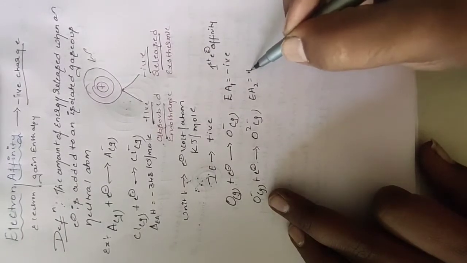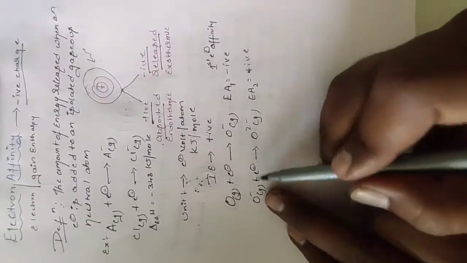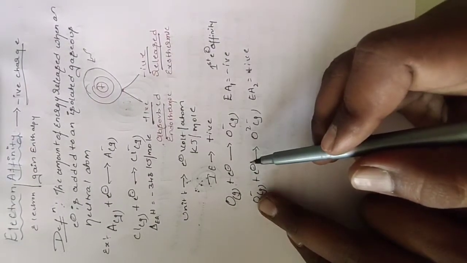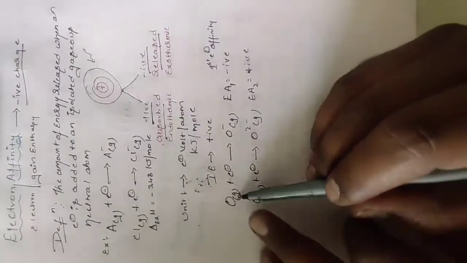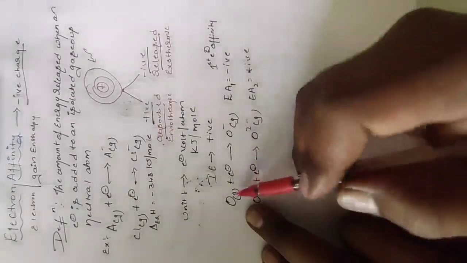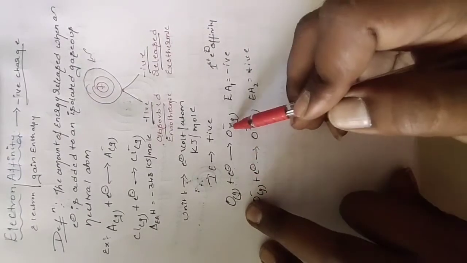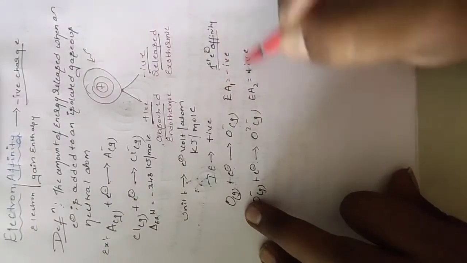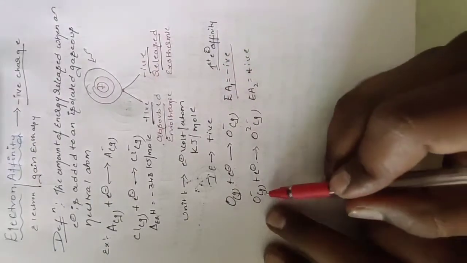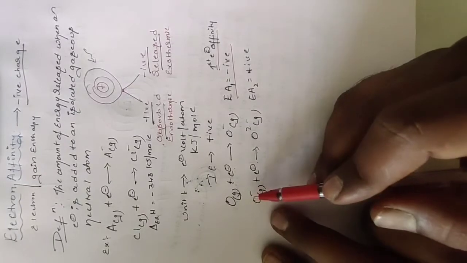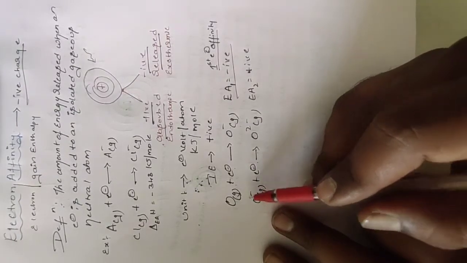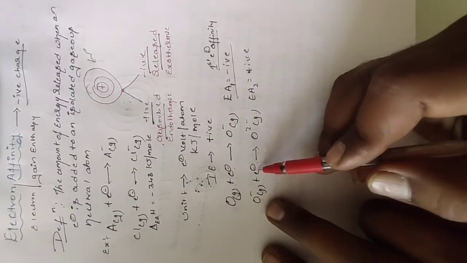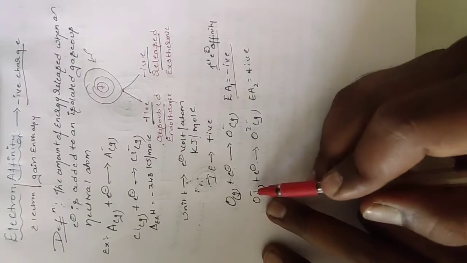The second electron affinity will be positive. Why? In neutral oxygen, if we add an electron, it becomes an anion, and the first electron affinity must be negative. But when we add an electron to the anion, the electron is negatively charged and the anion repels it, so the negative becomes positive.